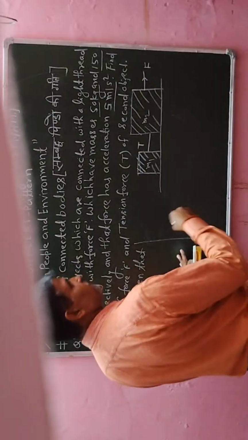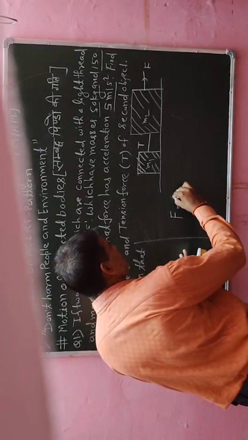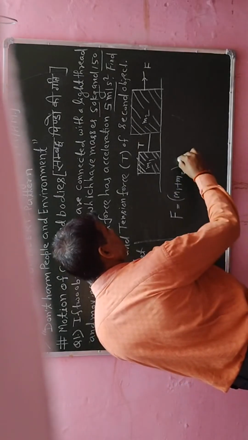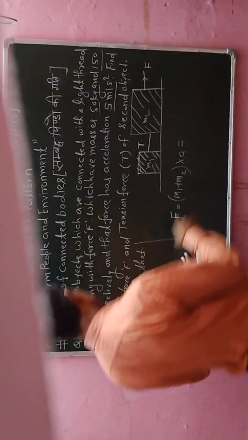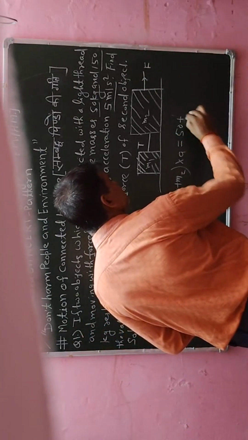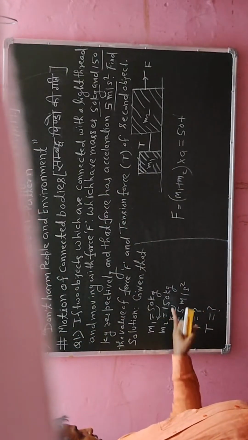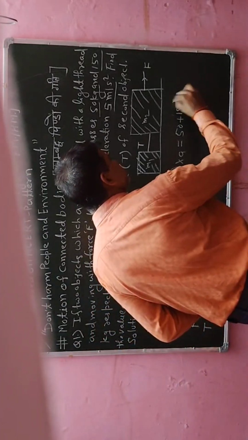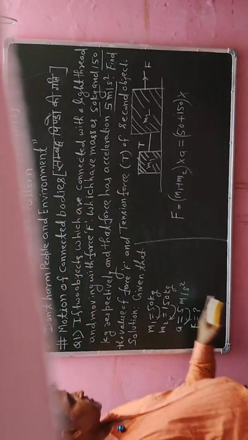According to the previous question, F is equal to m1 plus m2 into a. Here m1 is 50 kg and m2 is 150 kg, and the acceleration is 5 meter per second square.